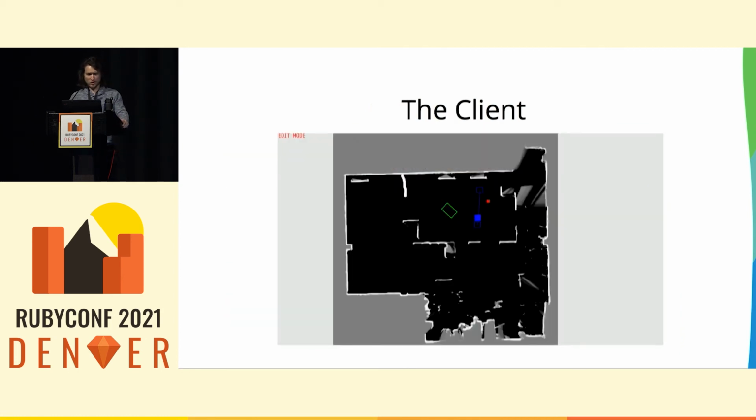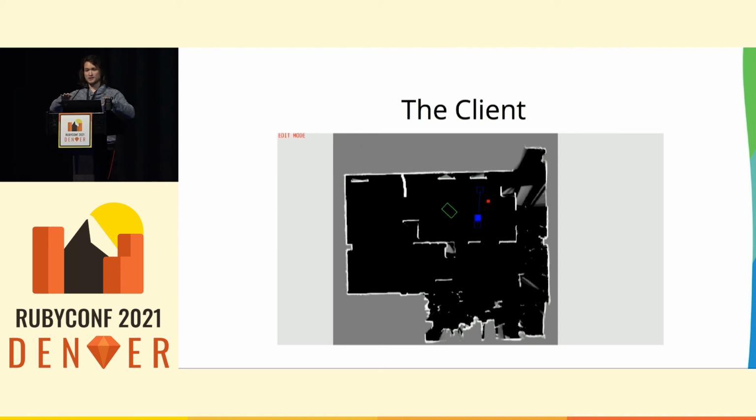So there's also this client here, which is what we actually use to manipulate the environment. So we can zoom in, we can rotate, we can move things around. This blue section here, that's a dynamic obstacle, so to speak. So basically it moves between the 2 points, and then the green is the location of the robot.